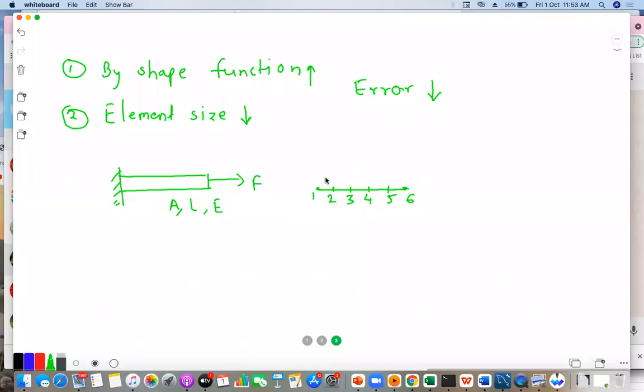And the elements are 1, 2, 3, 4, and 5. Now, wherever we connect these elements, those points are called nodes. And the smaller parts of the overall geometry are called elements.